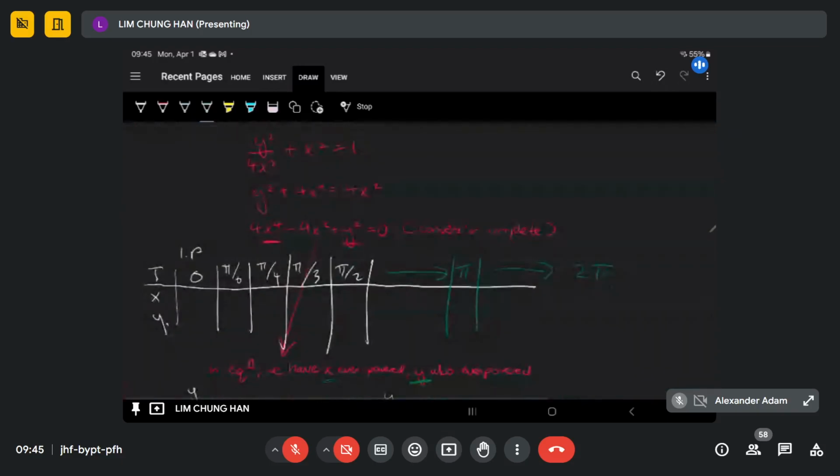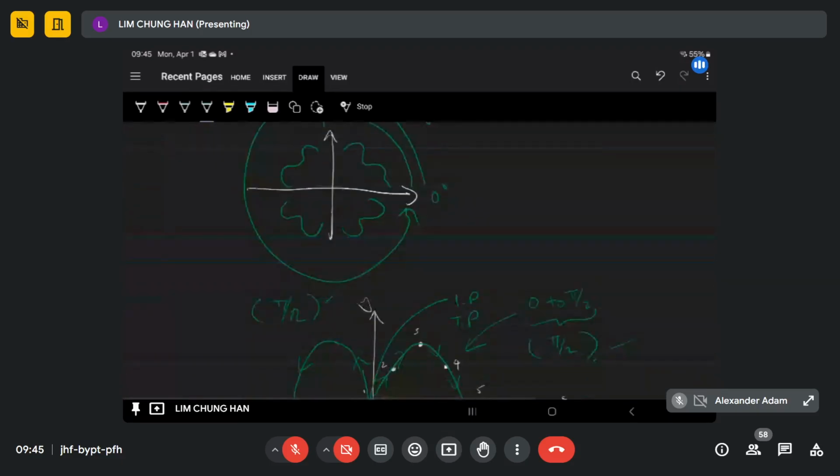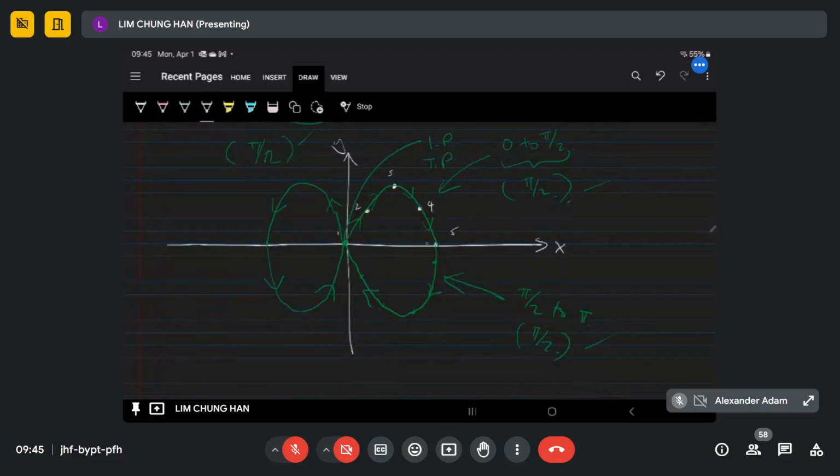Or you can plot it from 0 to pi over 2 and get the shape for one quadrant, and then because you know it will mirror top and bottom, left and right, you just draw the same shape top and bottom, left and right. You get the same answer. Okay, understand? So you can do either way.